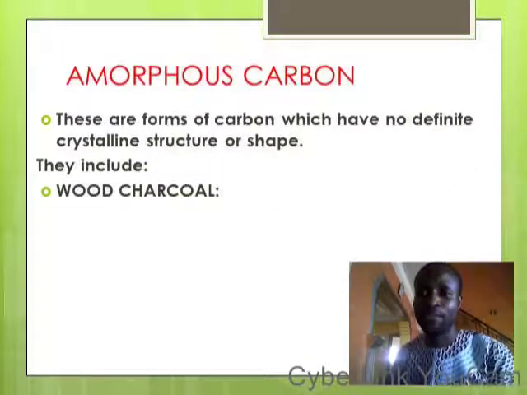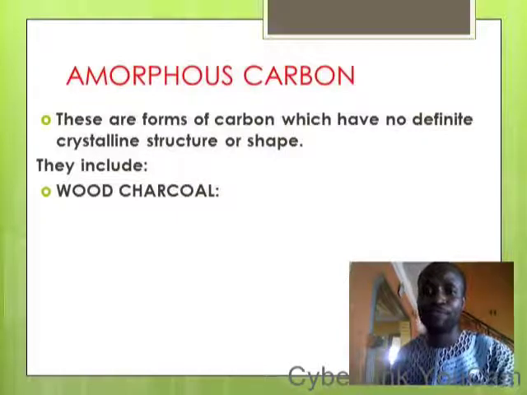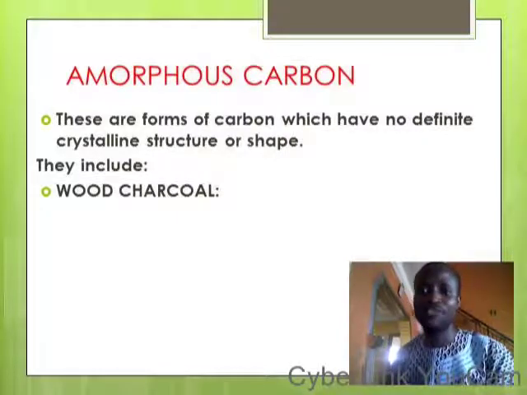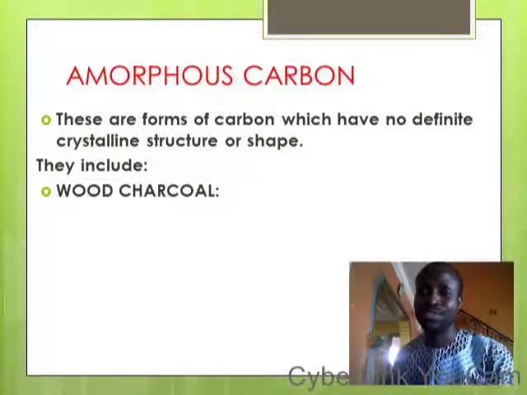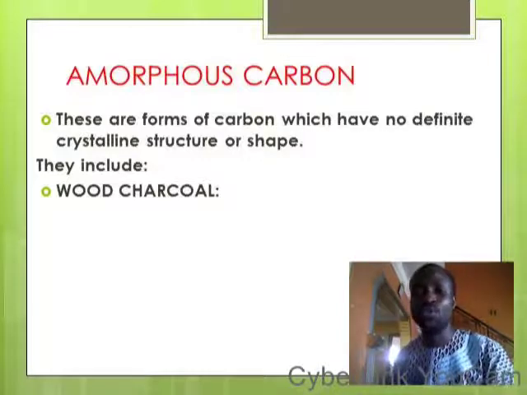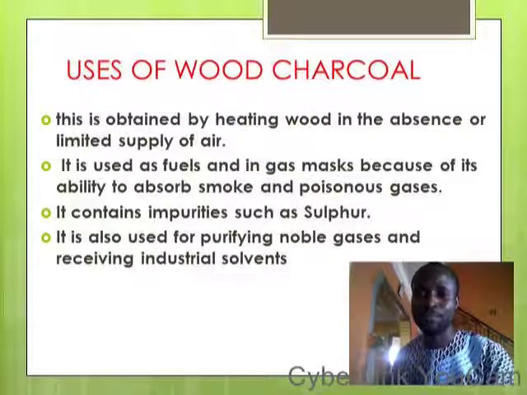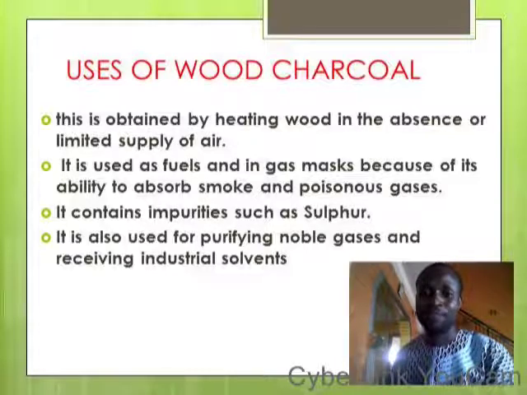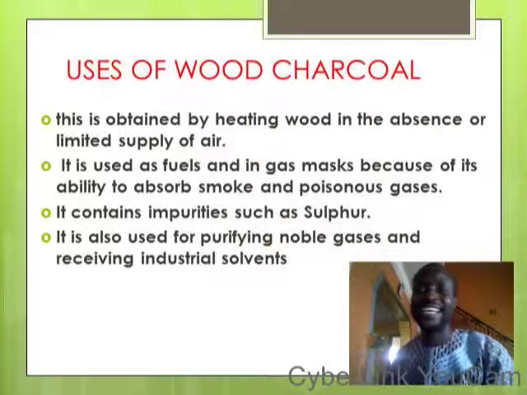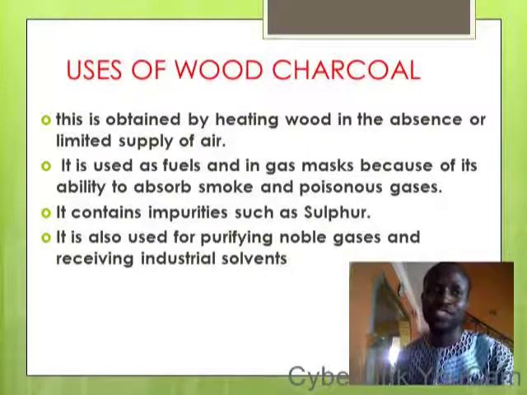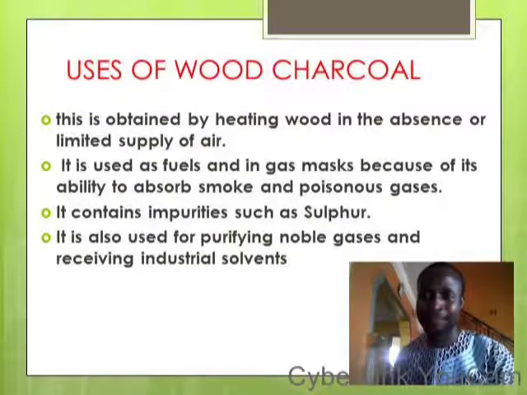Amorphous carbon. These are forms of carbon which have no definite crystalline structure or shape. Examples include wood charcoal. This is obtained by heating wood in the absence or in limited supply of air.